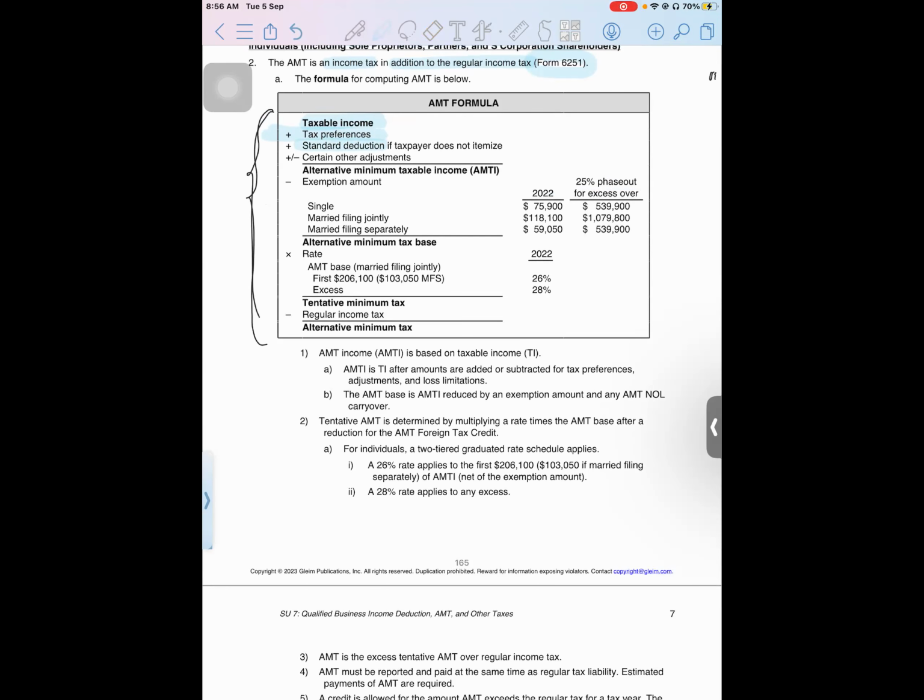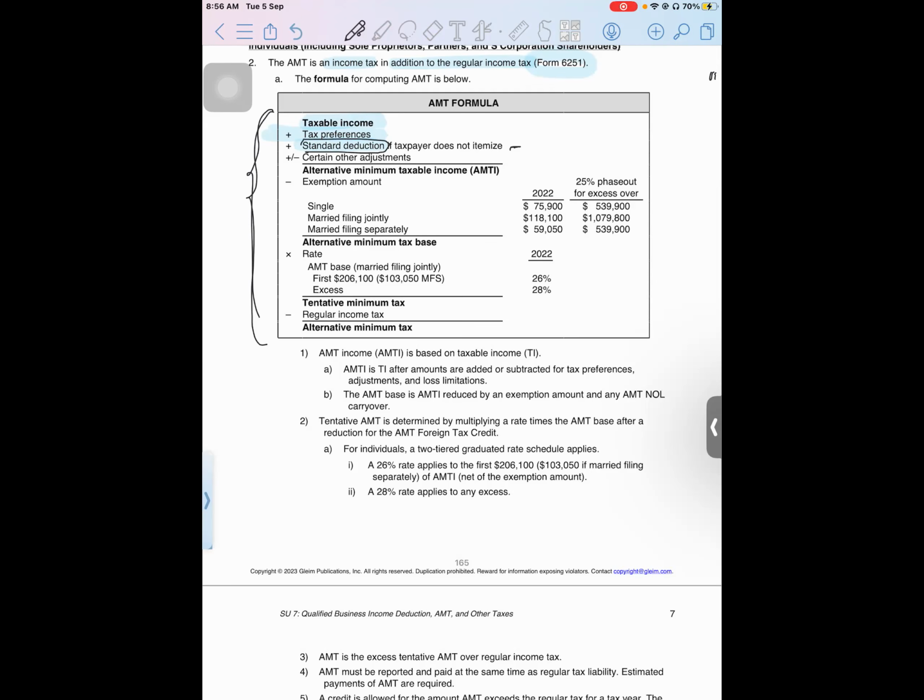Like, let's say the taxpayer has taken a standard deduction of 25,900 or 12,500, whatever standard deduction they have taken instead of itemized, we'll just add it back. If they have taken the itemized deduction, right now we are not going to do anything over here. We'll just add if they have taken a standard deduction.